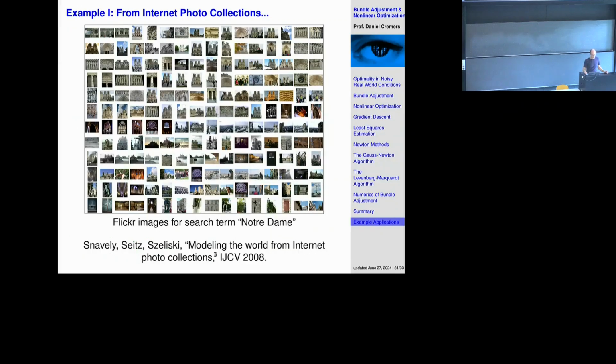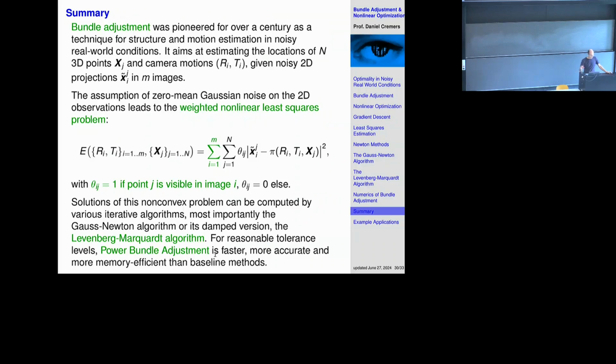So here are some results, and maybe to give you a bit of an idea of where this all stems from. The idea of reconstructing from camera images is a long-standing one. As I mentioned, the bundle adjustment problem has more than 100 years of history.